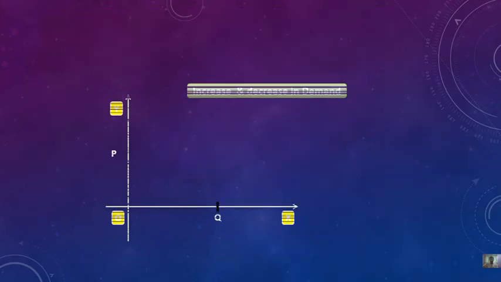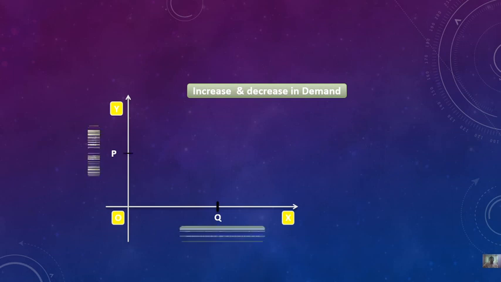Next, the combined diagram of increase and decrease in demand. On the y-axis we show the price of the commodity, on the x-axis quantity demanded.